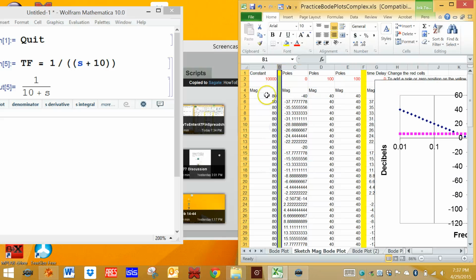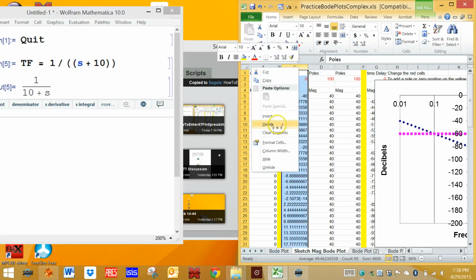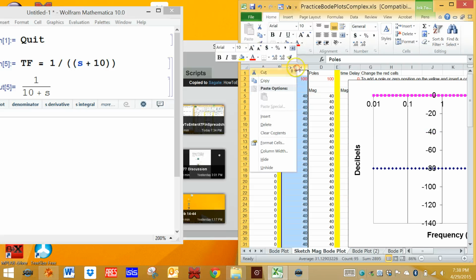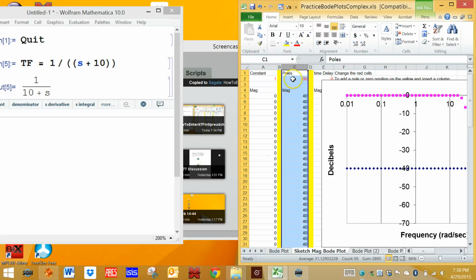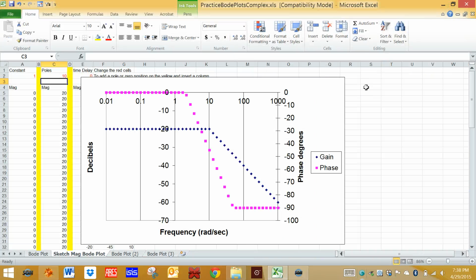Previous video showed you how to do that. I'm going to change the constant to a 1, and then here I only have one pole, so I'm going to get rid of these two, and the pole is at s plus 10, so I'm going to type in a 10 here, and now let's expand and take a look at the Bode plot.